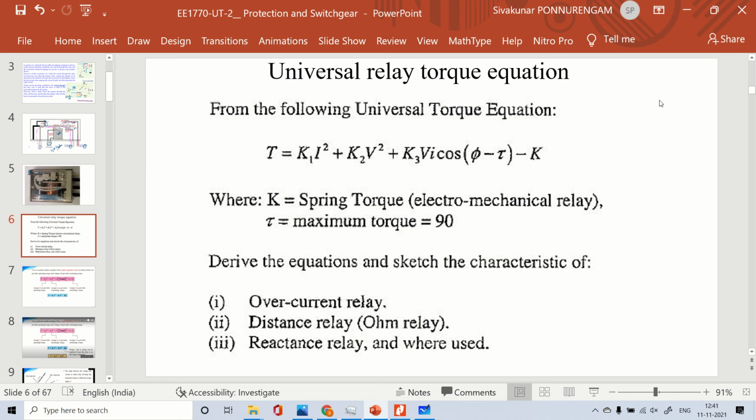So this is the universal relay torque equation. This torque equation contains different quantities.